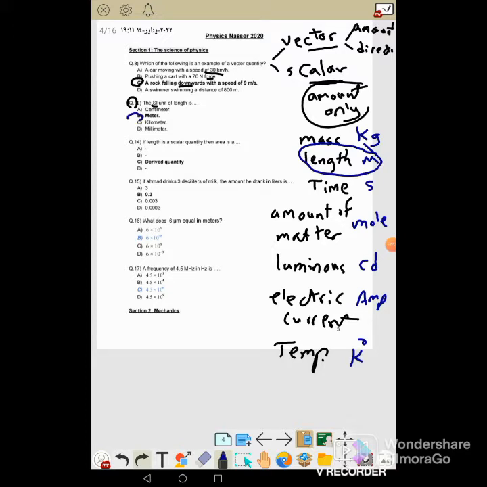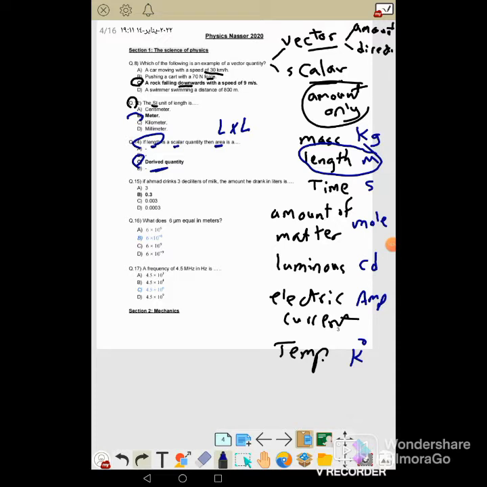If length is a scalar quantity, then area is derived. Quantities are fundamental or derived quantities. If length is a scalar quantity, so area is length times length, derived from the length.